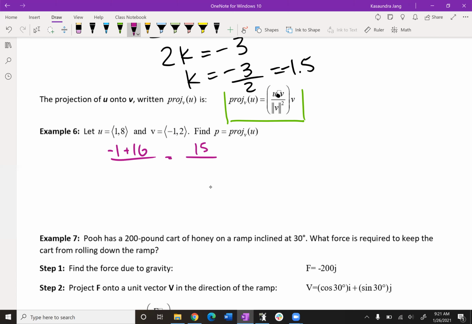All right, denominator, we've got the magnitude of our vector squared, which, okay, isn't the magnitude formula like a big old square root? And then you're squaring this square root, right? So that might make things nice and pretty. You've got your magnitude of vector v. Okay, here's our vector v, meaning the square root of the -1 squared plus 2 squared.